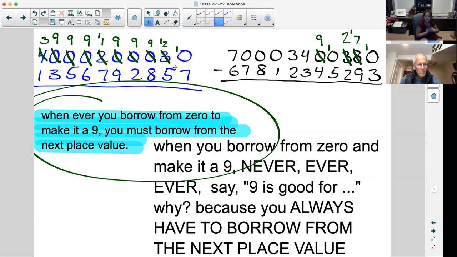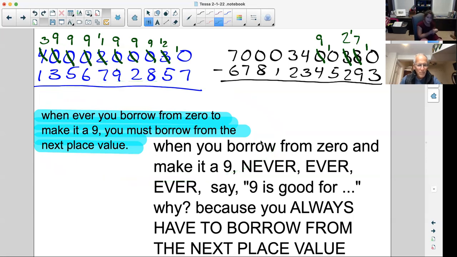When you borrow from a 0 and make it a 9, never, ever say 9 is good for the next number. Why? Because you always have to borrow from the next place value. So what do you have to do, Tessa? What do you have to do now?